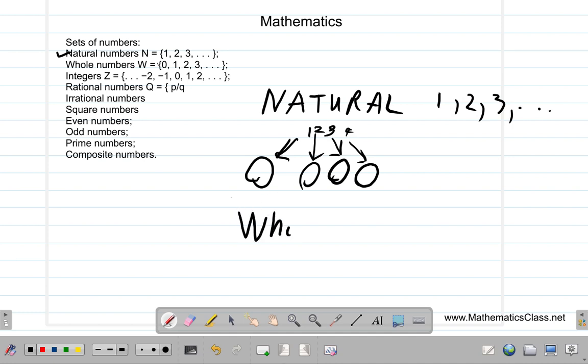You have whole numbers. When there's nothing there, you write 0. Then you start counting 1, 2, 3, 4, and so on and so forth. Those are whole numbers.